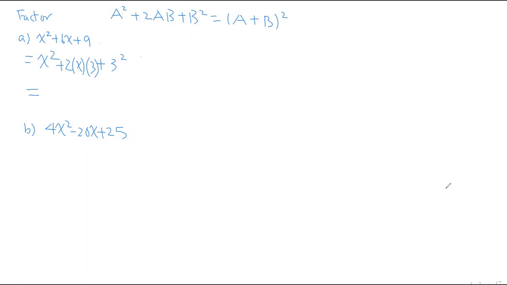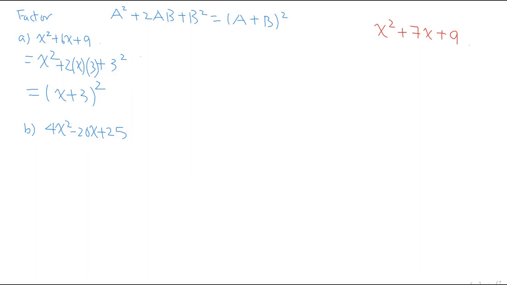If I change the 6x to 7x, then you see they are not equal. So use the formula, and make sure the middle term is 2 times a times b. For example, if I give you x squared plus 7x plus, let's say, 9, is this a perfect square?